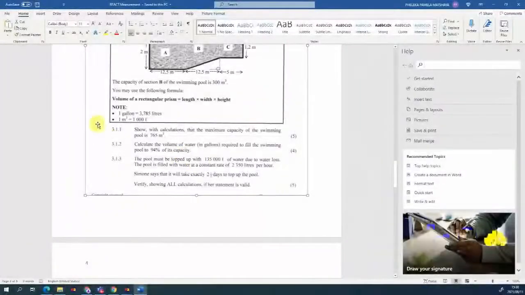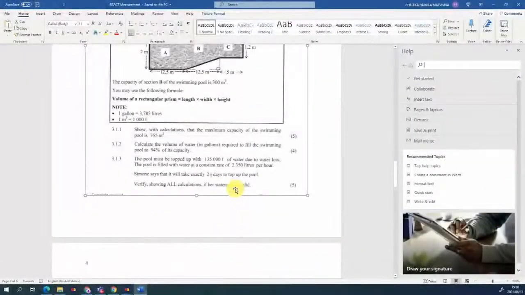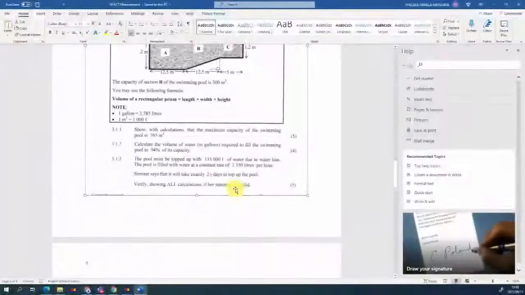The teacher will move between you and see if you are doing it. Please don't make noise. Try to do it on your own.